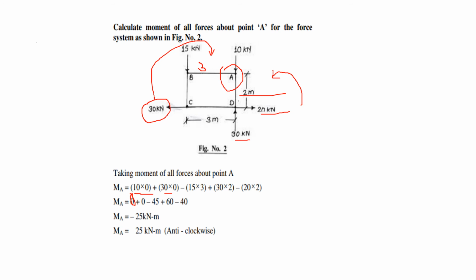After solving these values, we will get MA as minus 25 kilonewton meter. As the minus sign is there because it is anti-clockwise, we can remove the minus sign and write it as 25 kilonewton meter anti-clockwise.